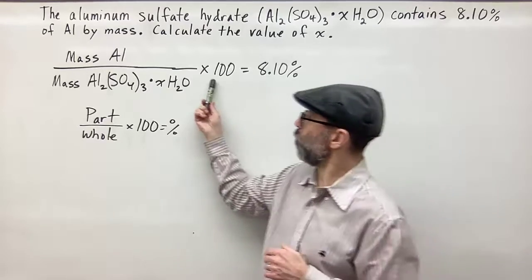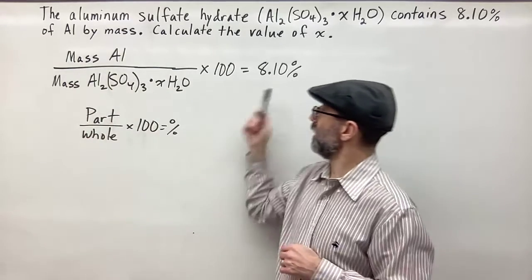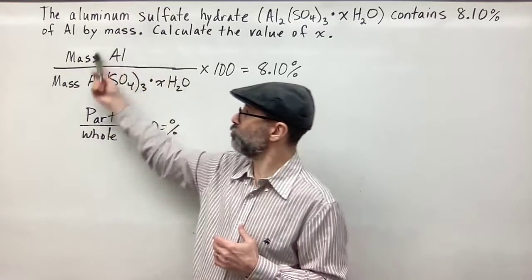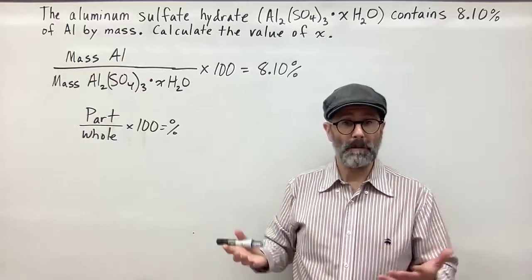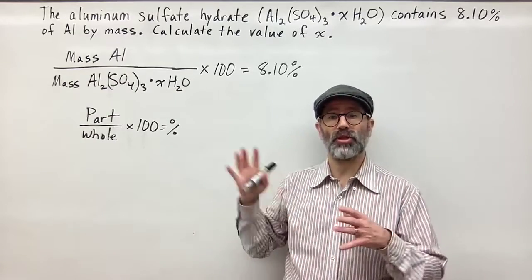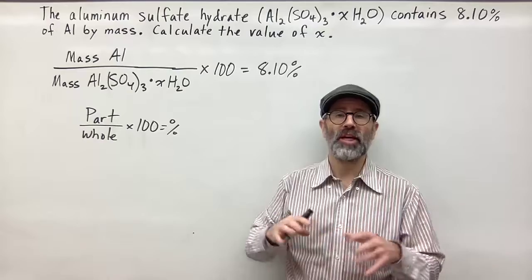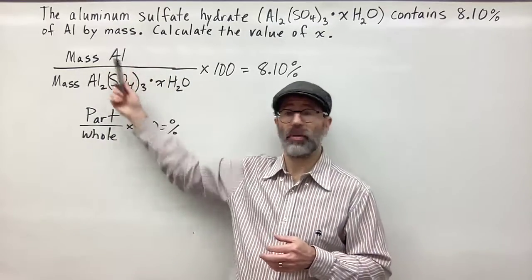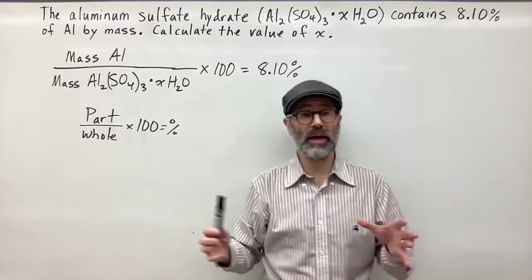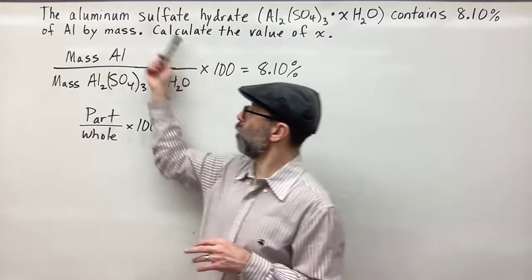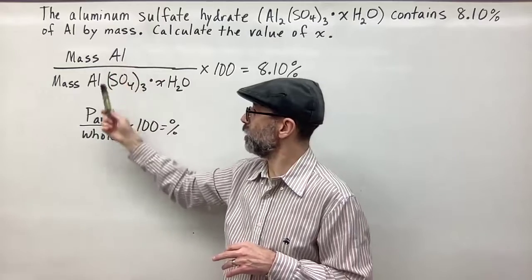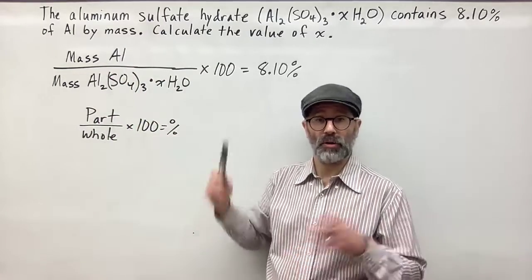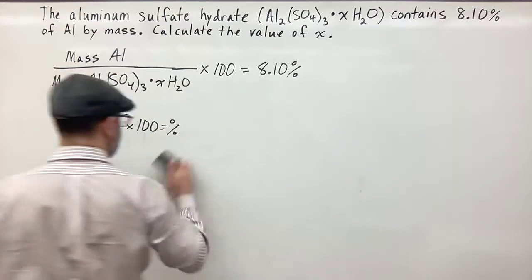If I assume 1 mole of this, then 8.10% of that 1 mole is going to be due to the aluminum, but we can do the mass, right? So if we assume 1 mole of the substance, we can use molar masses as the masses of aluminum and this substance here. So all we have to do is calculate the molar masses of aluminum and the substance and put that in the ratio. Okay, let's go ahead and do that.